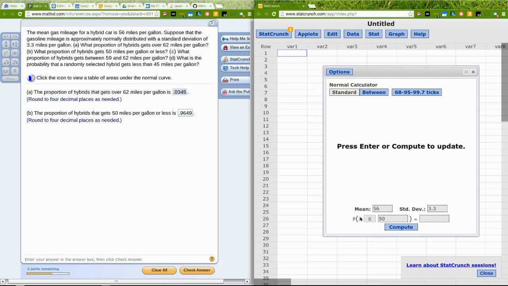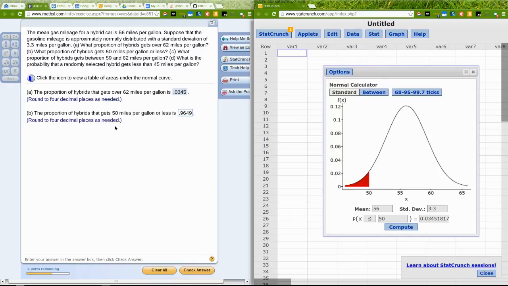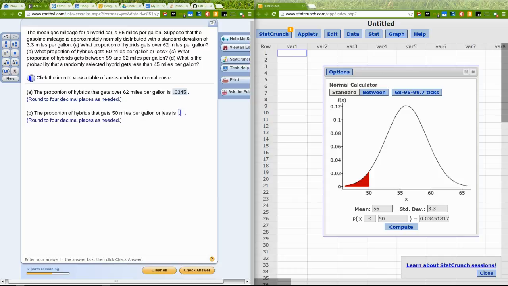So we want to know the probability that the random variable is less than 50. Just hit compute, and looks like that's the same, right? Check the answer. So yeah, it's the same number of standard deviations away from the mean, just on the opposite side of the distribution.